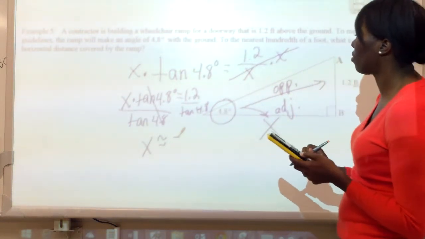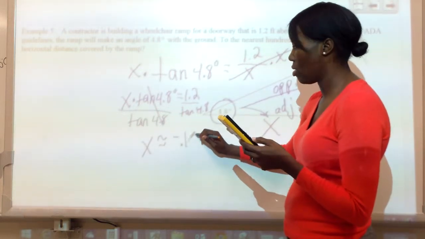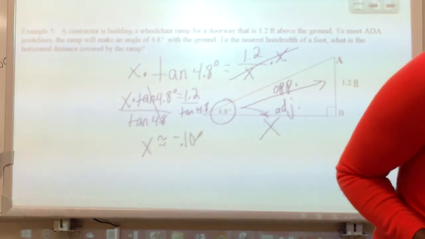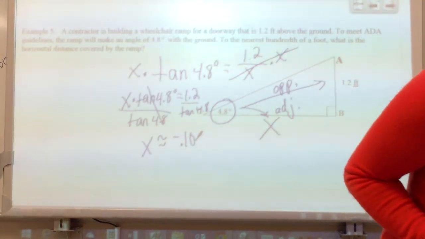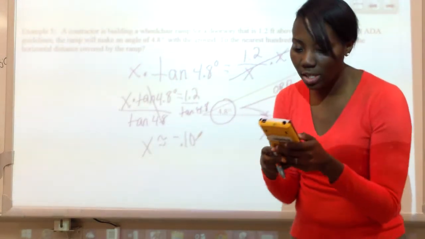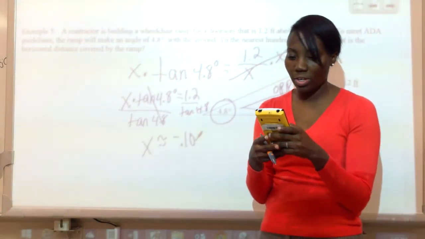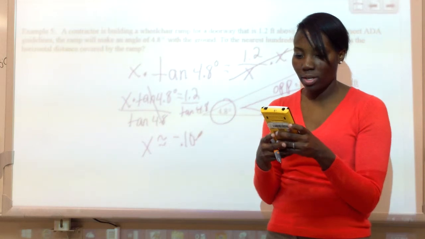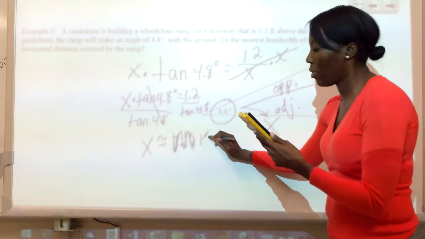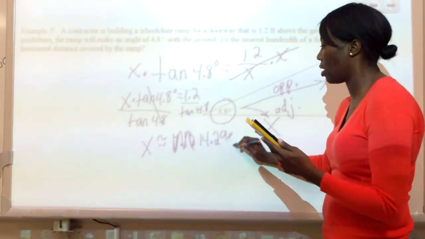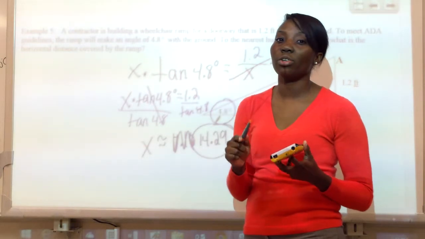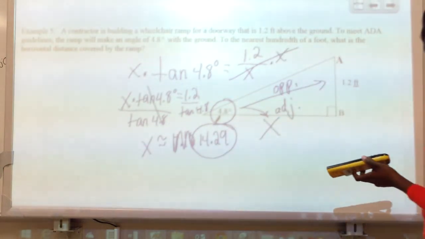I did something wrong. Let me see. Oh, I forgot my degree symbol. Told you not to forget yours, and I forgot mine. Okay. 14.29. And that is the answer. That sums up 8.2 solving using trig ratios.